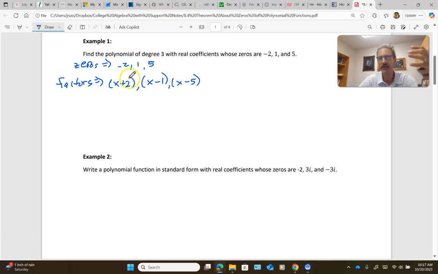Now, once we know the factors, how do we find the polynomial? Well, we just multiply the factors together. Okay, so the polynomial that we're searching for is a product of its factors.